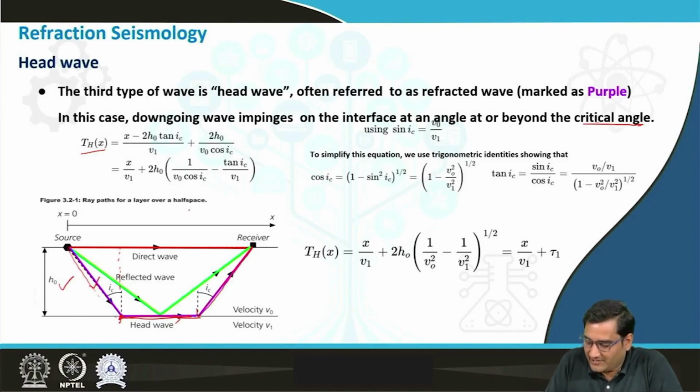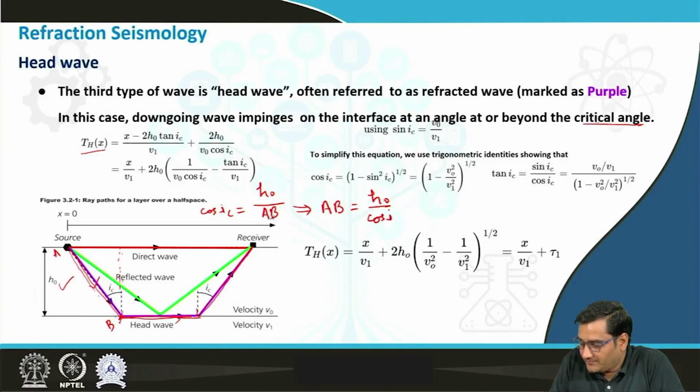That will be given by cos IC equal to the thickness of the layer, h naught, divided by this particular term, let's suppose this is AB. So you can say AB is equal to h naught upon cos IC.